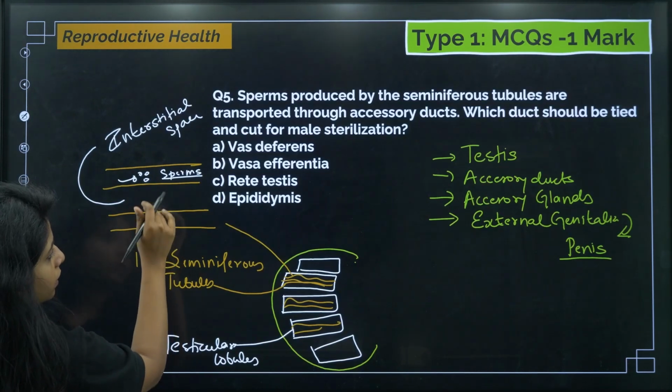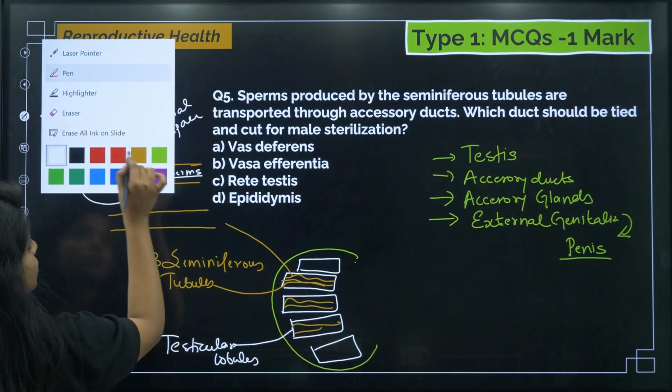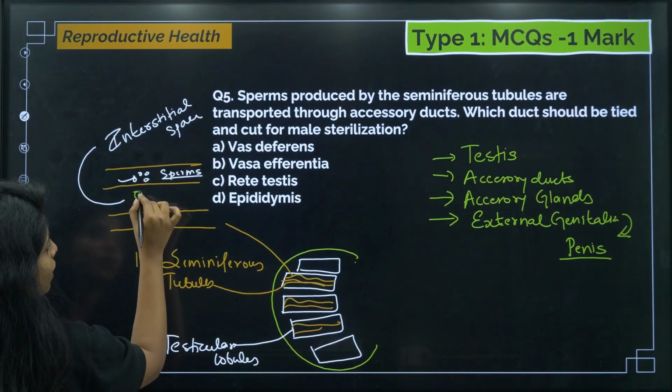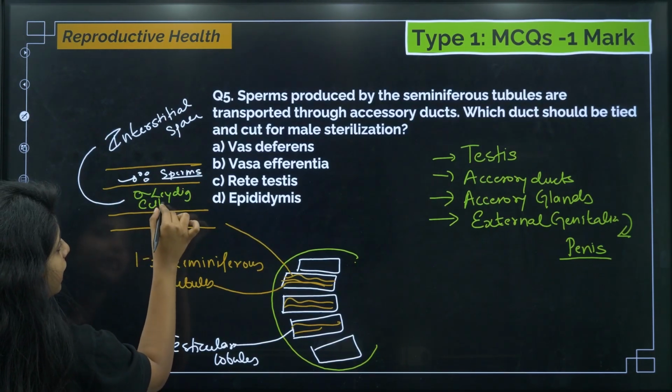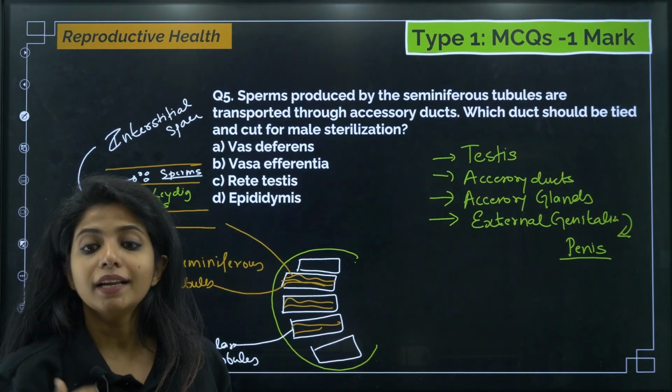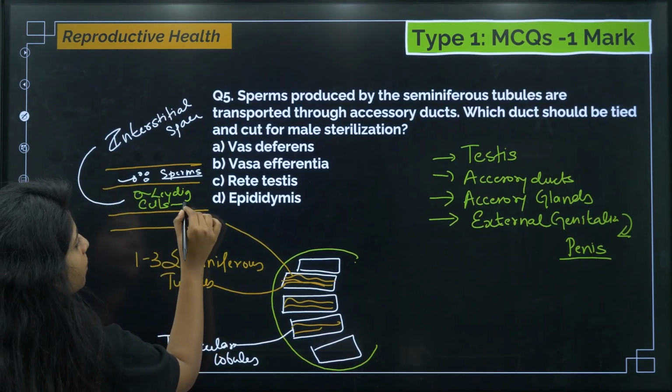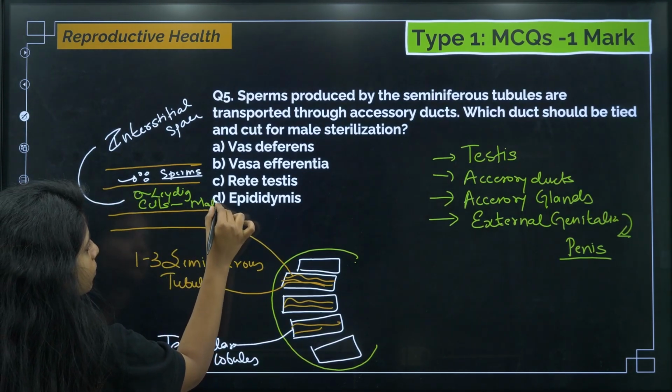In between the seminiferous tubules, I said interstitial space is there. Over here also you have a special type of cells, you call them Leydig cells. What do you call them? Leydig cells. And what do Leydig cells do, children? Leydig cells are responsible for making the male hormones.